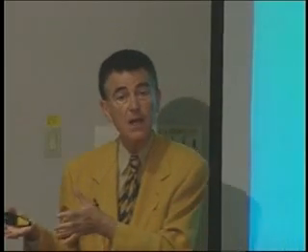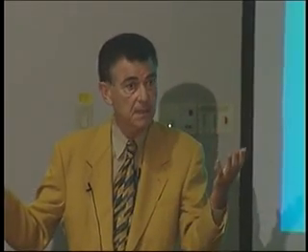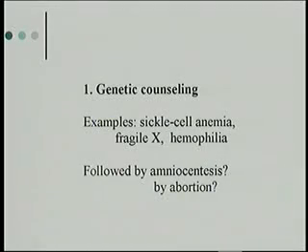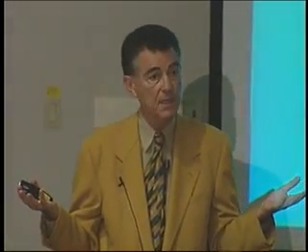But it's done relatively early, and it's a fairly simple and fairly safe technique. Then they can look at the cells floating in the amniotic fluid, epithelial cells like skin cells, and find out whether the child is going to be normal or not. So if they find that the child is normal and fine, that's 3 out of 4 chances. What happens if they find that the child is defective? Well, there is the possibility of abortion. Will they abort or not? That's a personal decision.